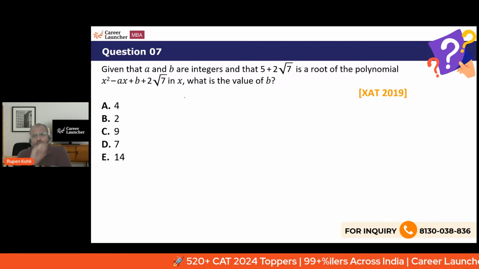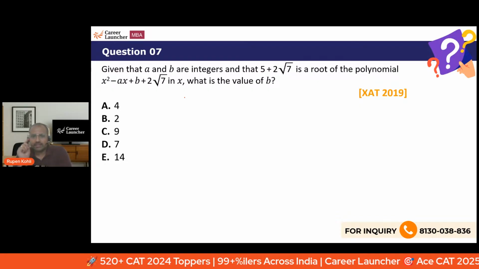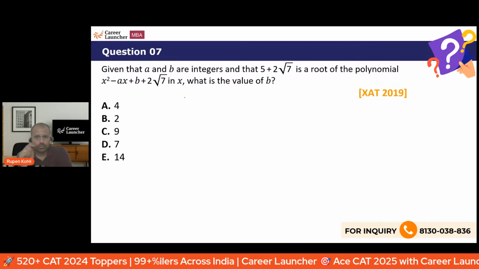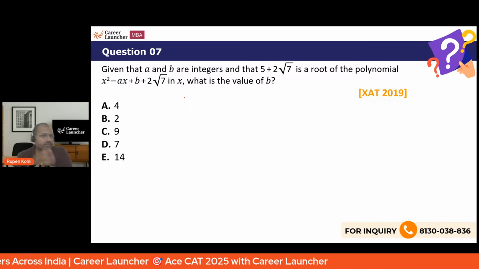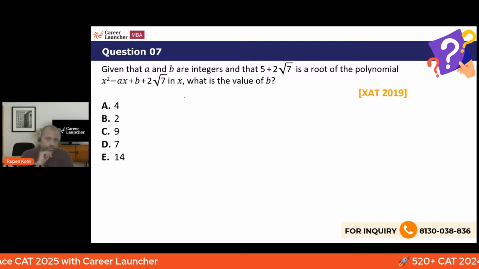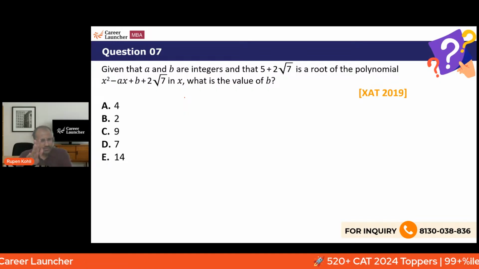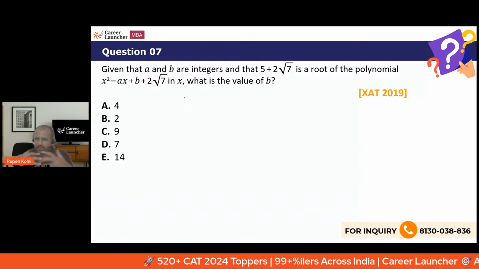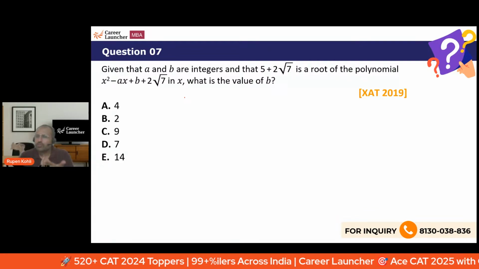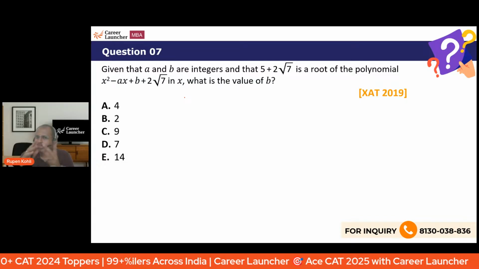Now, your mind might be getting influenced by the question we did just now. In that question, the coefficients were given to be integers and we applied the logic that the roots need to be conjugate. Now, looking at the root 5 plus 2 root 7, you might get this inclination, oh, the other root should be 5 minus 2 root 7.